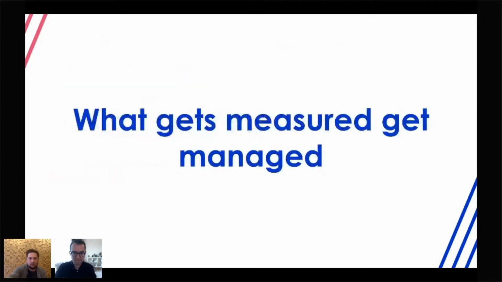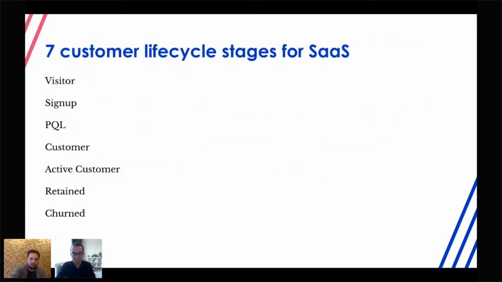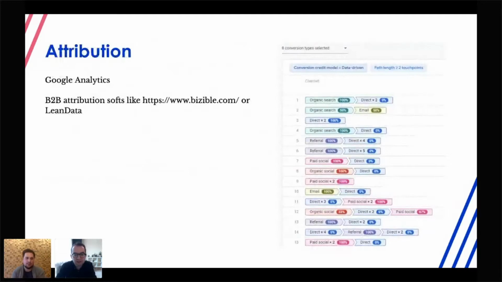So consider that as a list of tactics that potentially can be good for testing for my business. And the last thing is that what gets measured gets managed. This is something we see a lot in B2B companies, where business cycles are very long, and in the end, when you talk to B2B marketing managers and ask them, so what's generating the most leads, what's the CPL per channel, they give you numbers based on, for example, last click attribution.